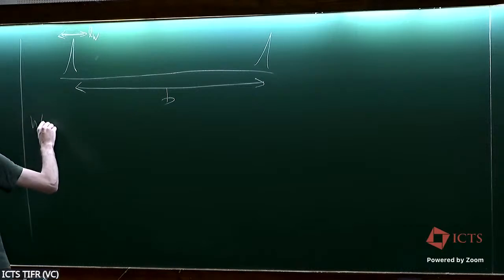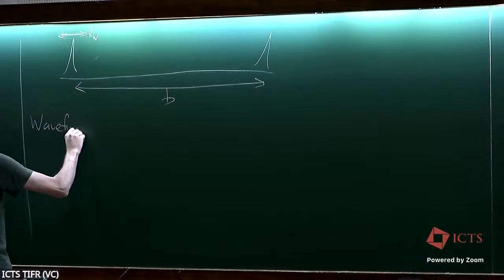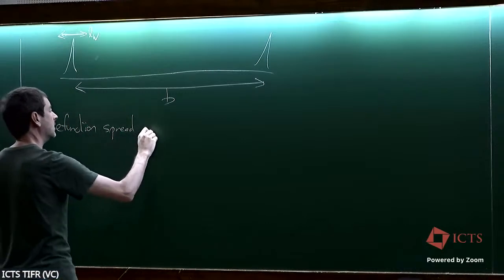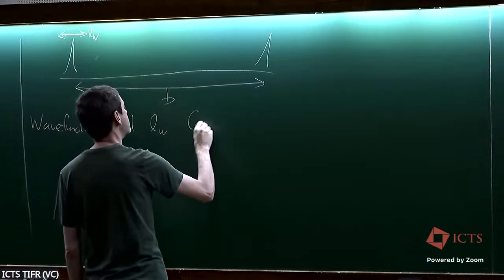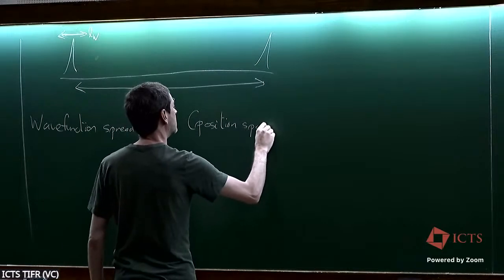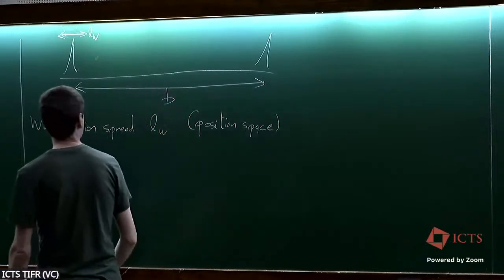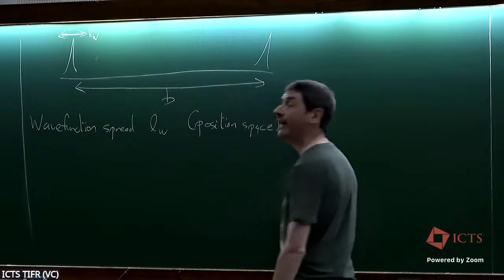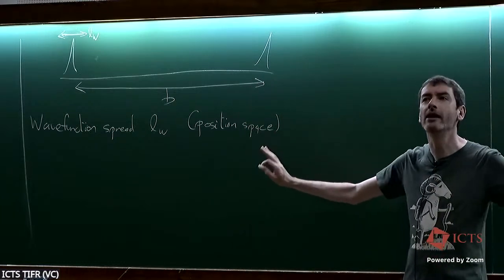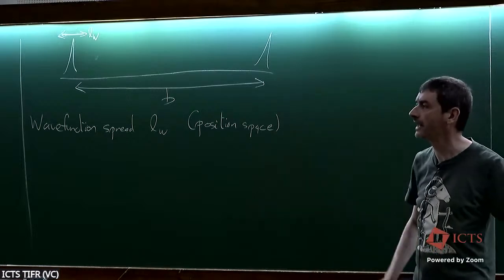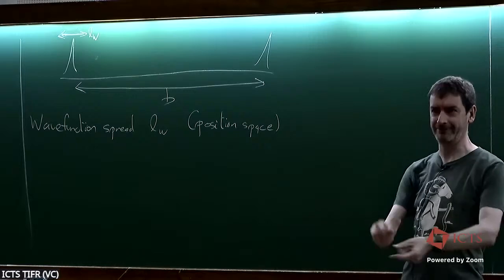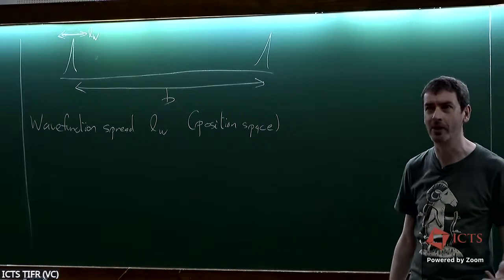So we'll say that there's a wave function spread LW, and that's in position space, as I've drawn the picture. It can be useful to have a rough idea of what these wave packets look like. Now, we won't care what the wave packets are like. We're trying to extract classical physics, and classical physics shouldn't care about the shape of the wave packet of the particle.